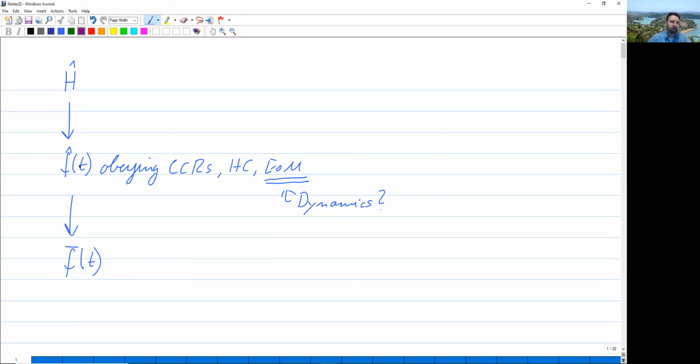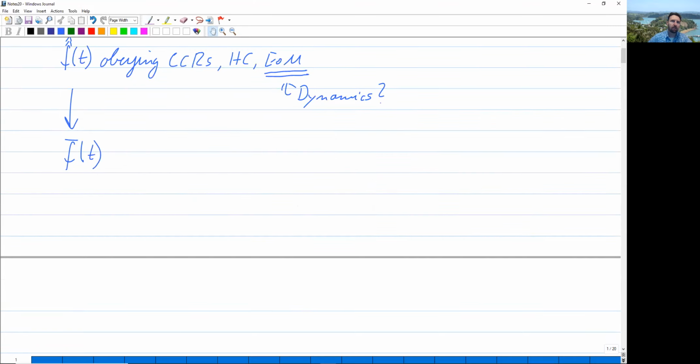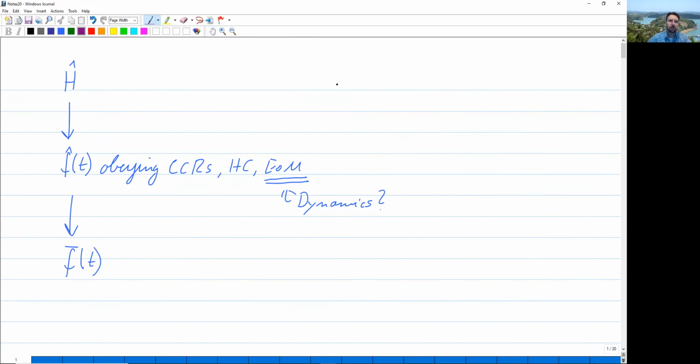Imagine we have a system that has many different particles in it. Assume that our Hamiltonian has many variables in it.